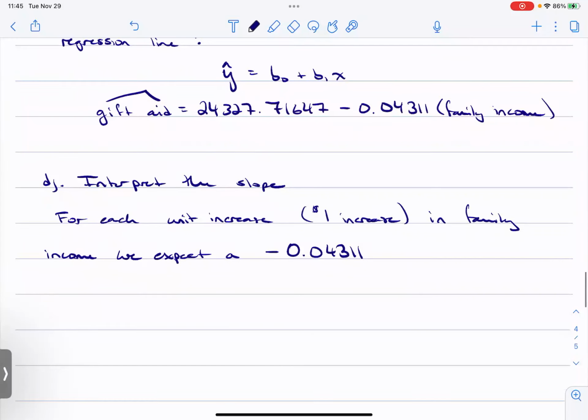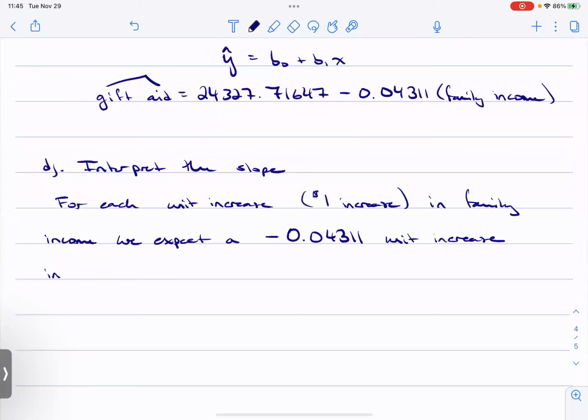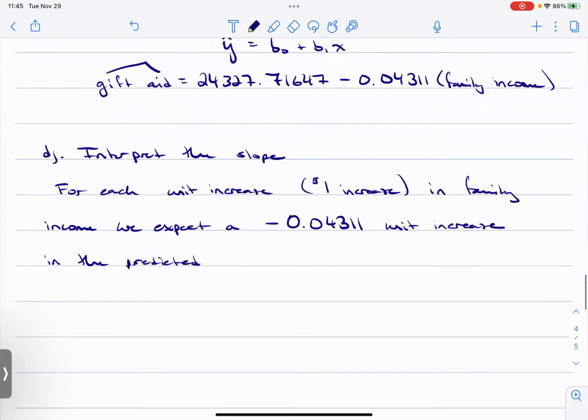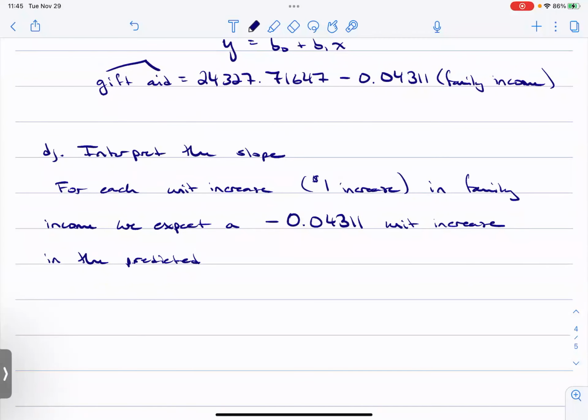That's totally fine. Unit increase, right? Or 0.04311 unit decrease, and that's fine too, in the predicted value of Y, the predicted gift aid.